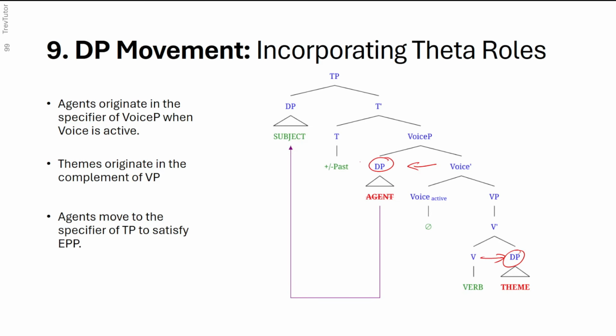So in order to get the correct word order for our sentences, the agent is going to move from its position under the specifier voice P into the specifier of the TP and become the subject. And the reason for that is because the extended projection principle says that every clause must have a subject, and these are where subjects are located in English.